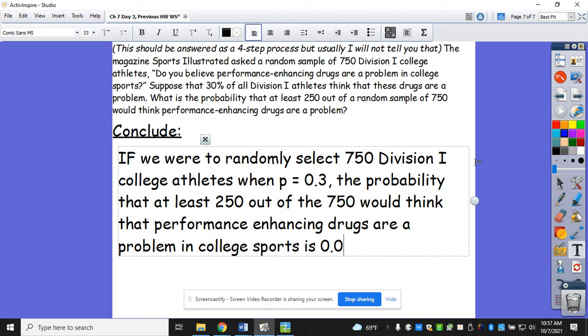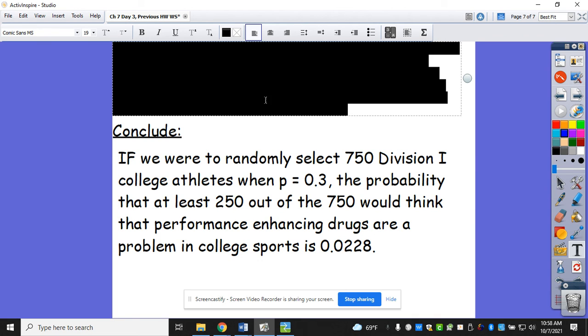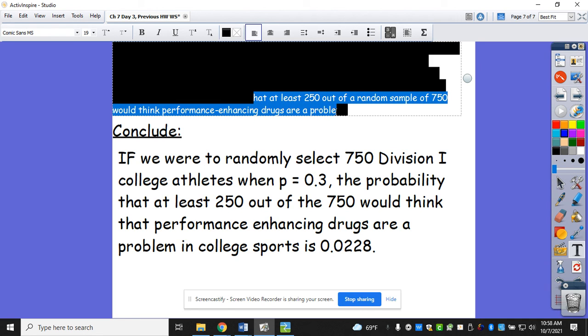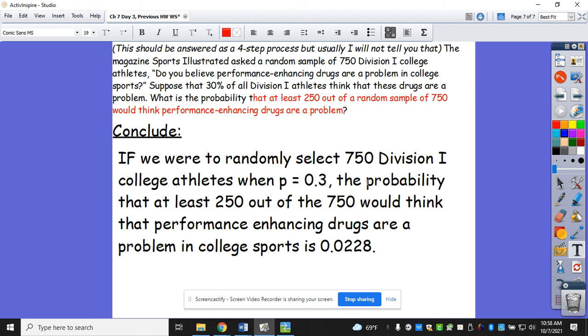And 0.02, what was it? 28. This part gets pretty much exactly repeated here.